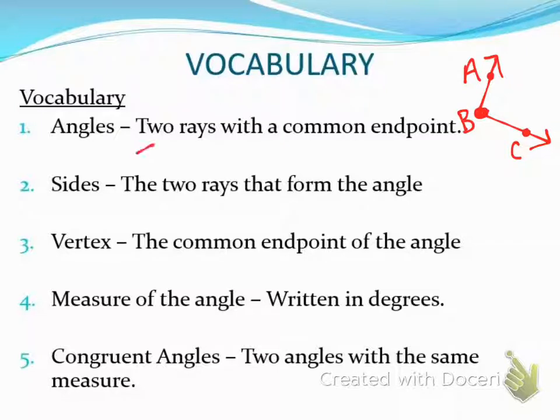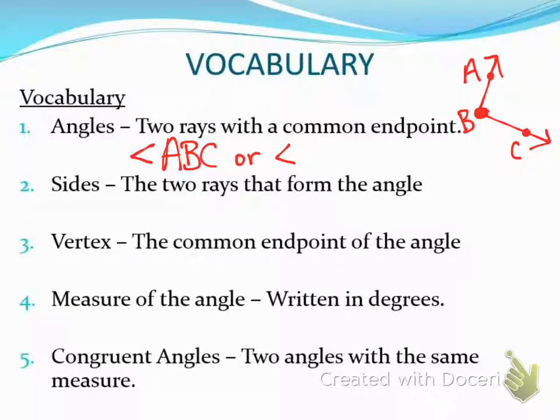We use a little angle symbol. It almost looks like a less than symbol from algebra. And we name it by the points. You start at one end and you work your way to the other. So we could name it angle ABC. We have to use 3 points most of the time. This is how to name an angle.